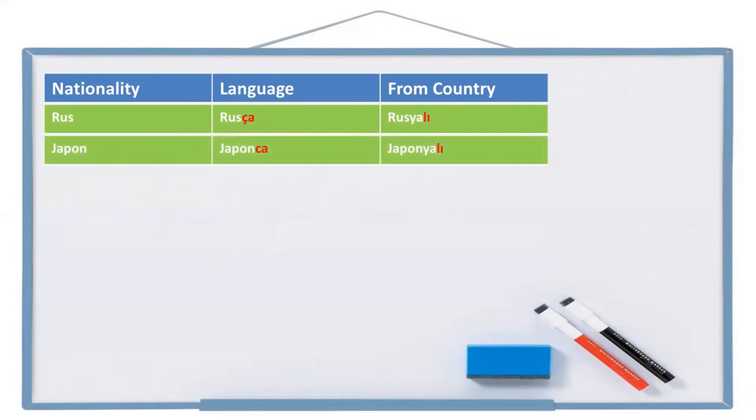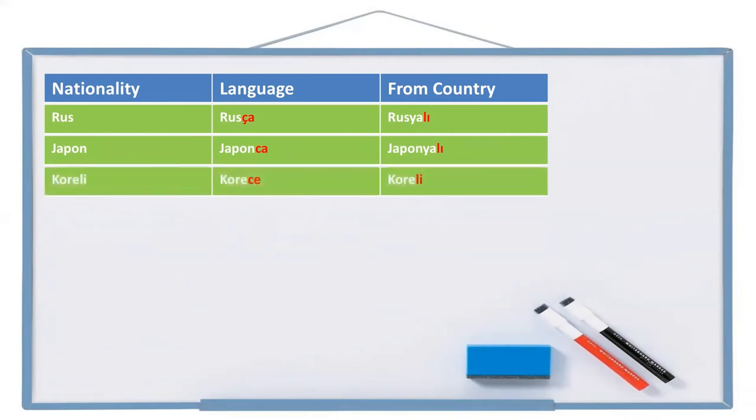And nationality Japanese is Japon in Turkish. The language Japanese is Japonca, and the country Japan is Japonya. From that country, Japonyalı. Another one.